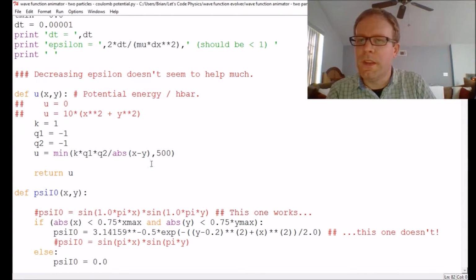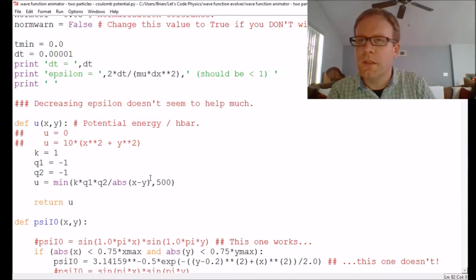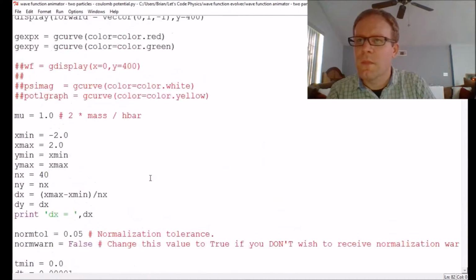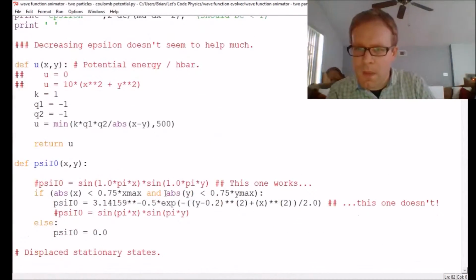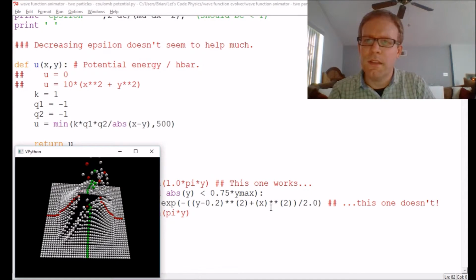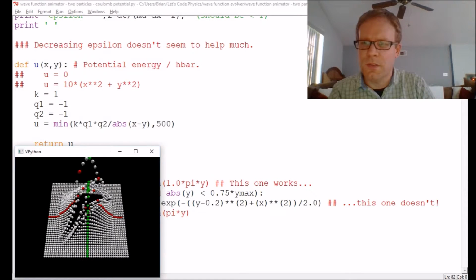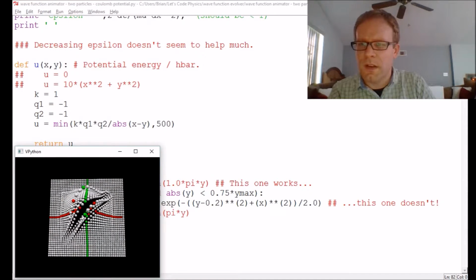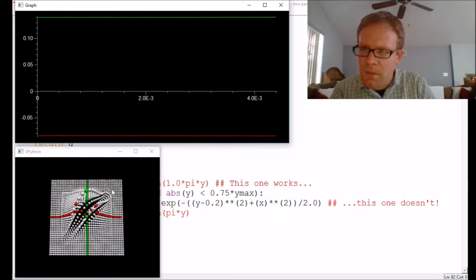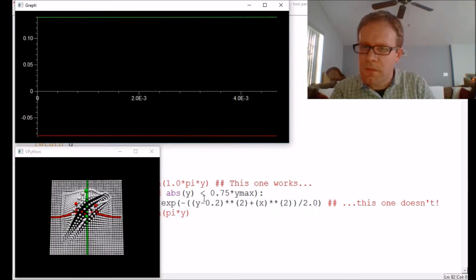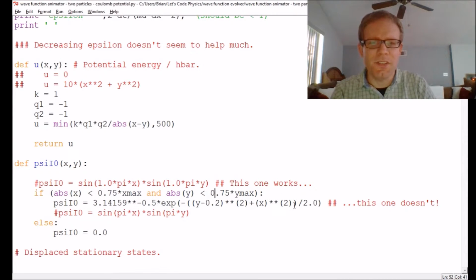Minimum of this with that. Okay, right. Good. No, I didn't displace the x. So why does x's expectation value start out non-zero? That's a bit weird, because I would expect this thing to be centered along the x.